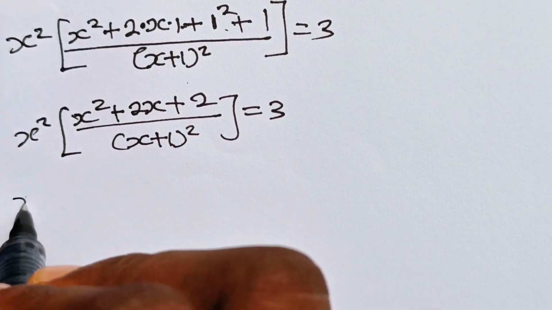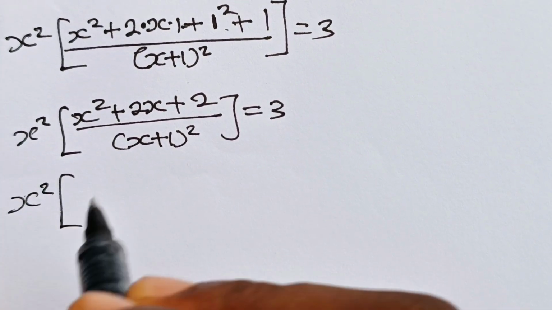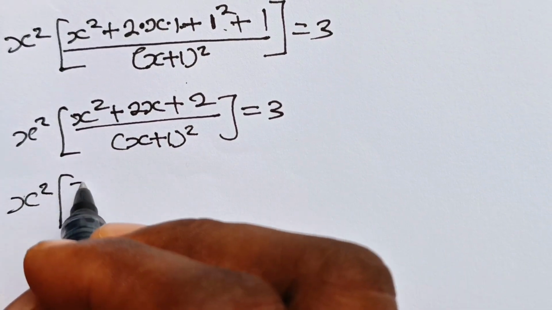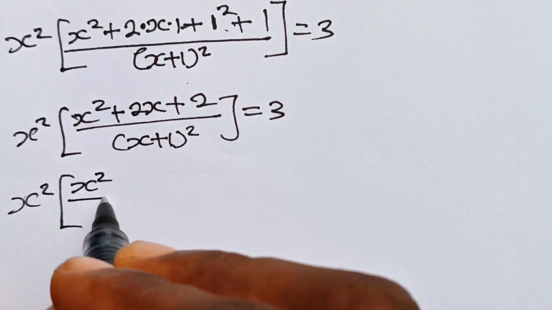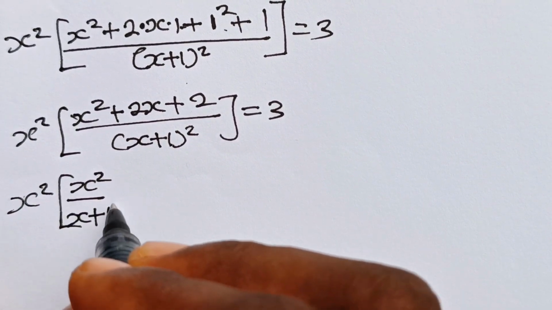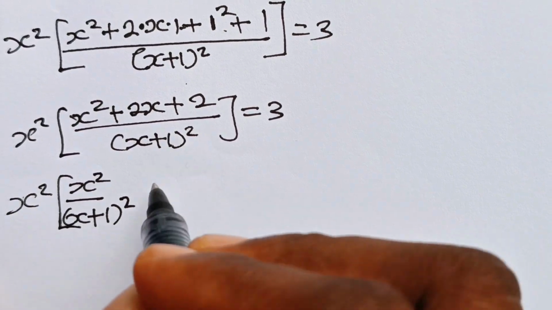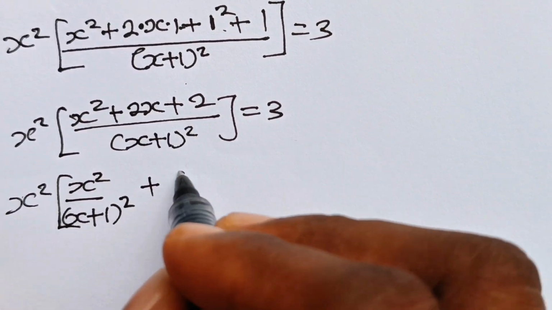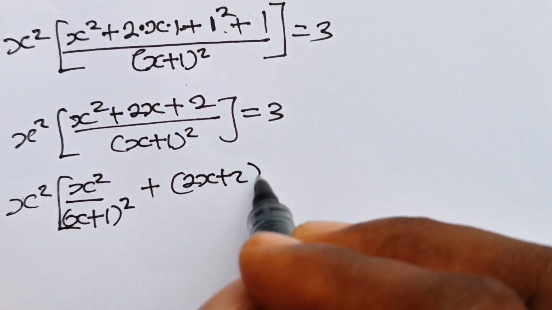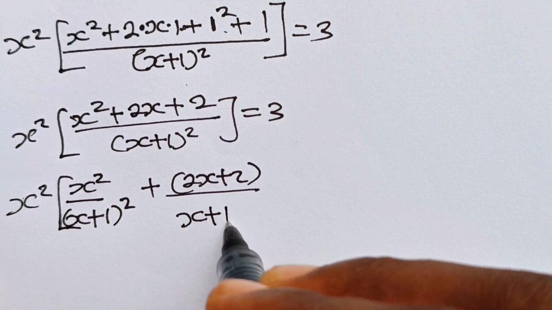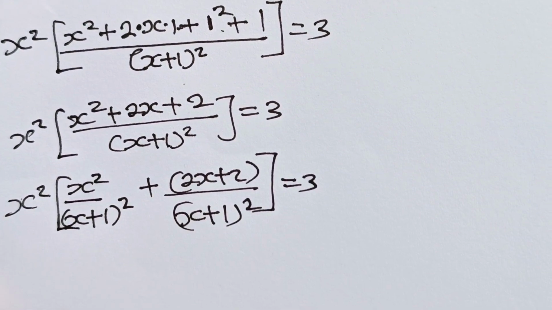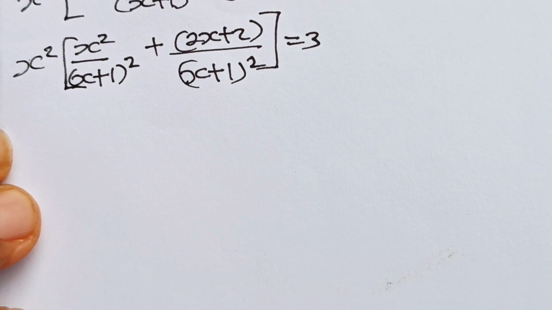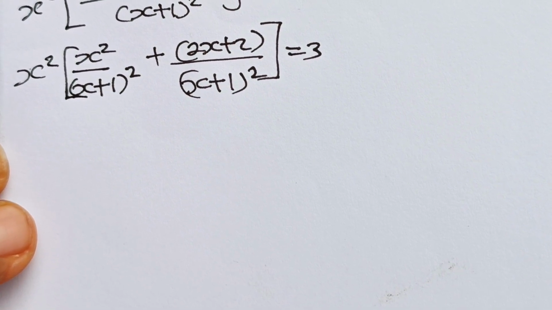Okay, so we have x squared into, I want to bring this x squared out, okay? So x squared divided by x plus 1 squared, okay? Plus, then I want to bring this together, 2x plus 2 divided by x plus 1 squared, okay? This is equal to 3. All right, now let's continue.